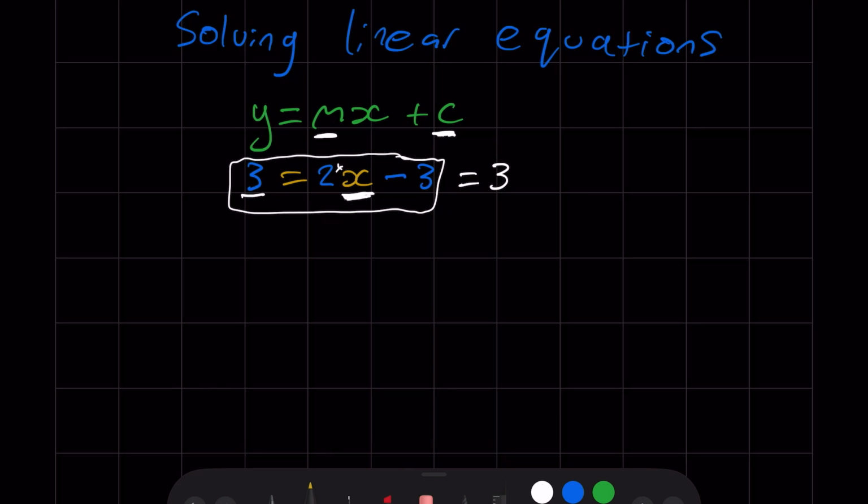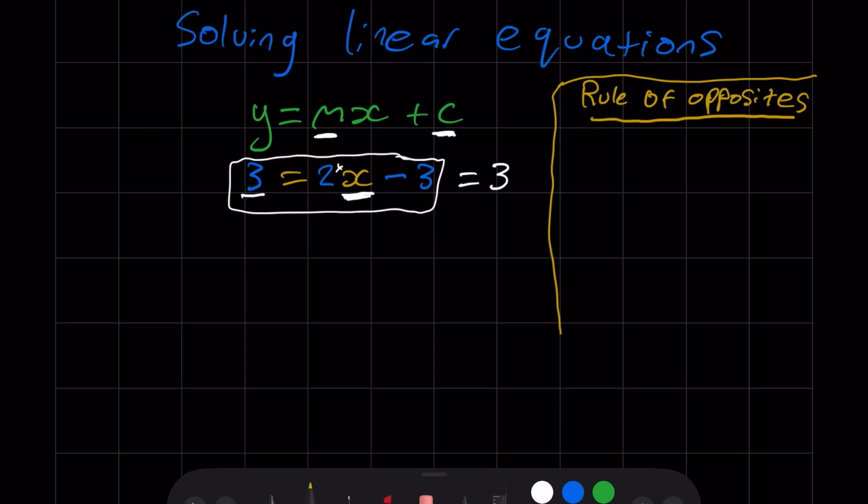The first thing I want to show you is the rule of opposites. The rule of opposites relates specifically to our operations. We have plus, we have minus, we have multiplication, and we have divide. And this is saying that these operations have an opposite operation, an operation that is performing the opposite of that.